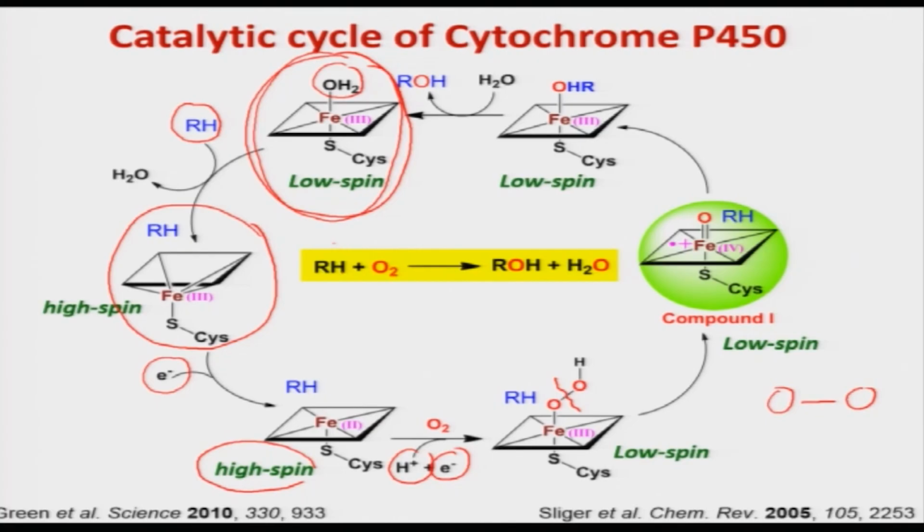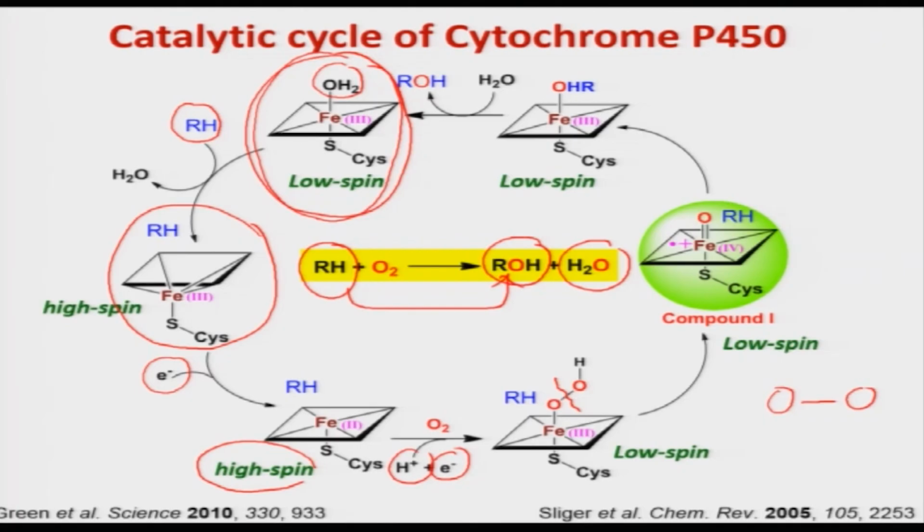This RH, the substrate, is getting hydroxylated, converting to ROH in presence of oxygen, proton and electron, and oxygen is also getting converted to water along with ROH. So, this is a monooxygenase reaction, and this is very important.